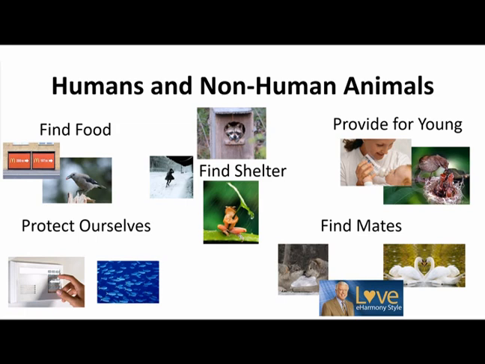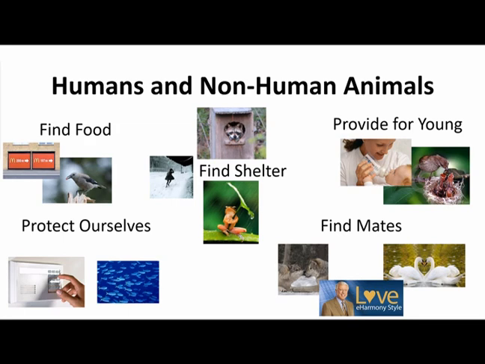Sometimes we want to look at something that's a little bit easier to study, and that's where our non-human animal models come in. And so for our justification for why a non-human animal might be a reasonable model, we can look at things that we have that are similar. So humans and non-human animals both find food, search for shelter, provide for their young, have methods of protecting themselves, find mates.